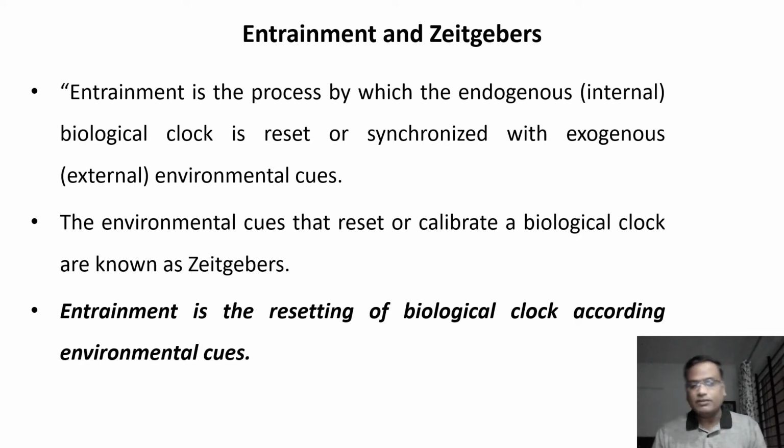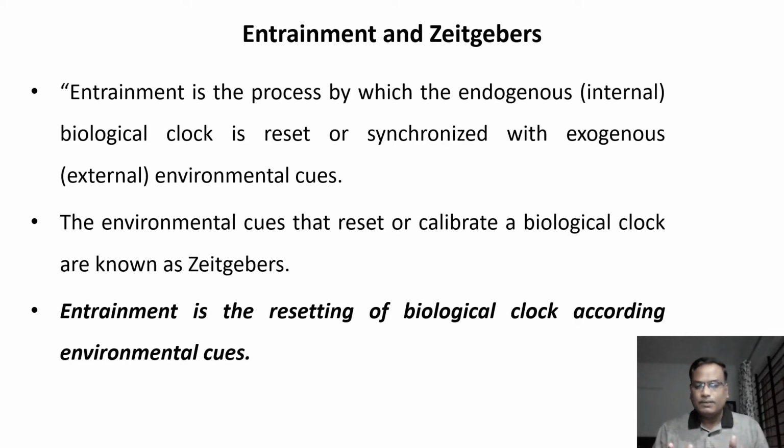How do you reset the time in the watch? You take the information from another clock. So you are resetting your clock by using the cue from the other clock, and you are matching both of them.